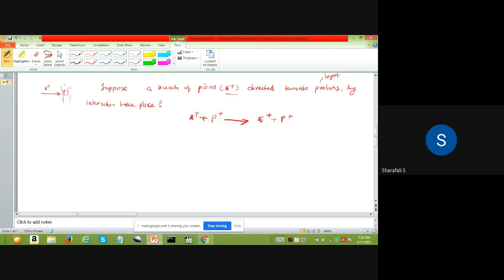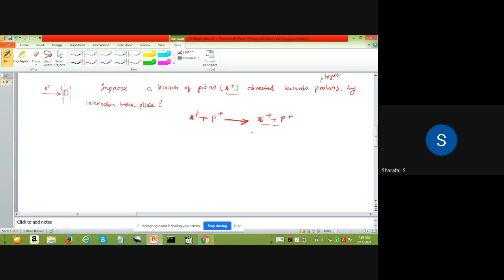are both also the products. Considering the reactants pi plus and p plus interacting with each other, when it comes out, this pi plus comes out and nothing happens. Only the pi plus and p plus we get as the output.